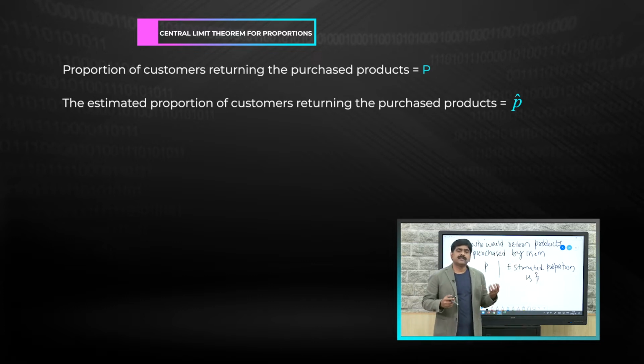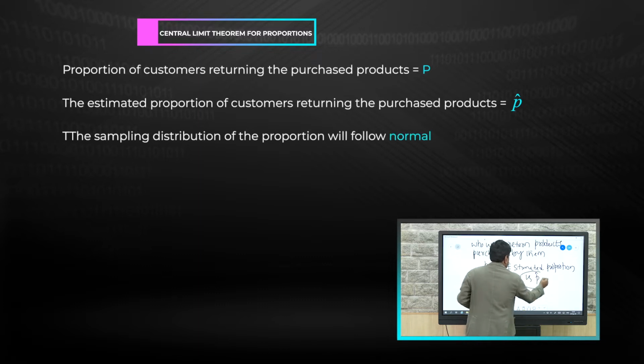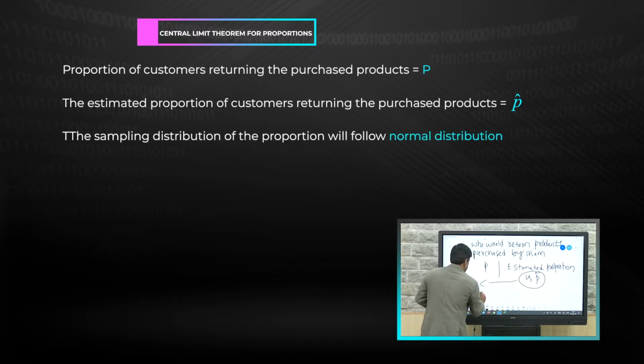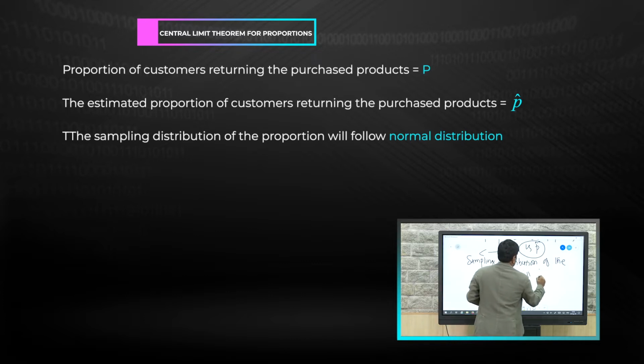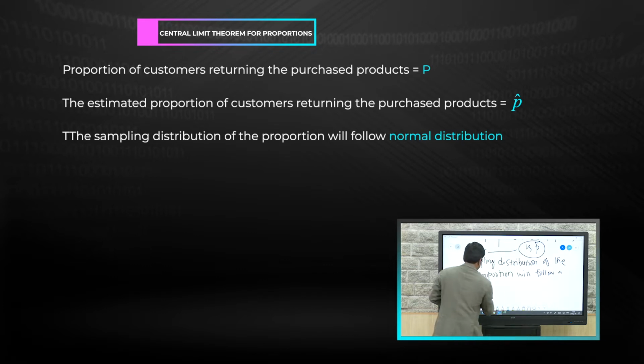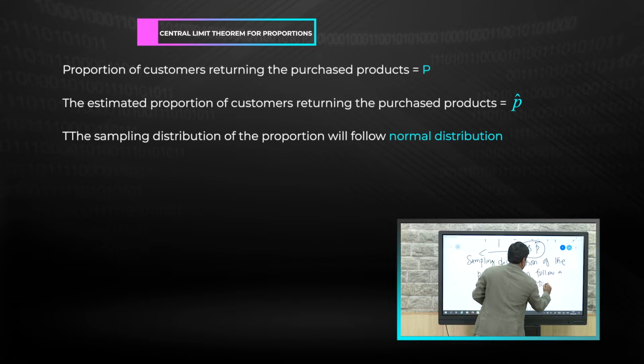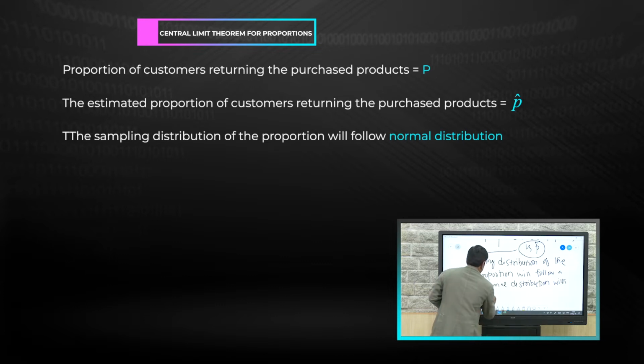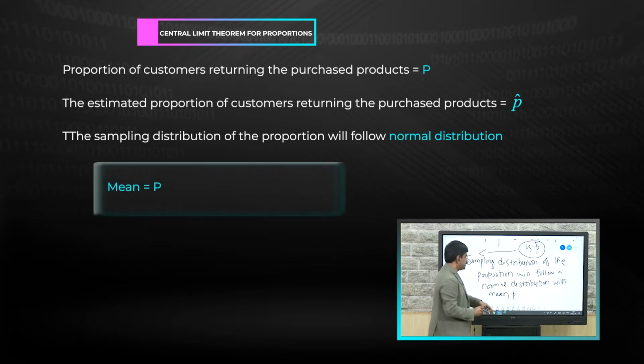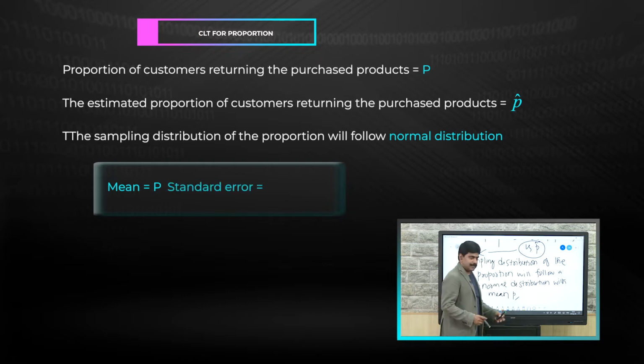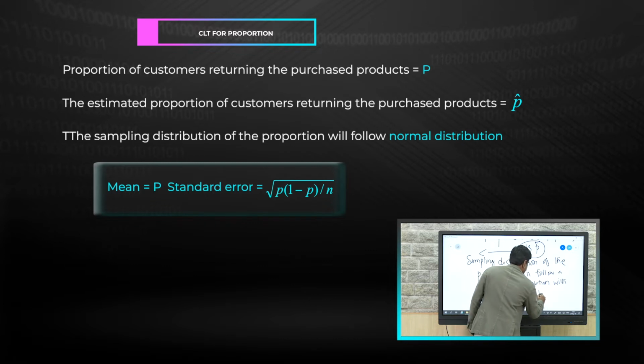In that case, the sampling distribution of the proportion will follow a normal distribution with mean P, which is the same as the population proportion, and standard error square root of P times 1 minus P divided by n.